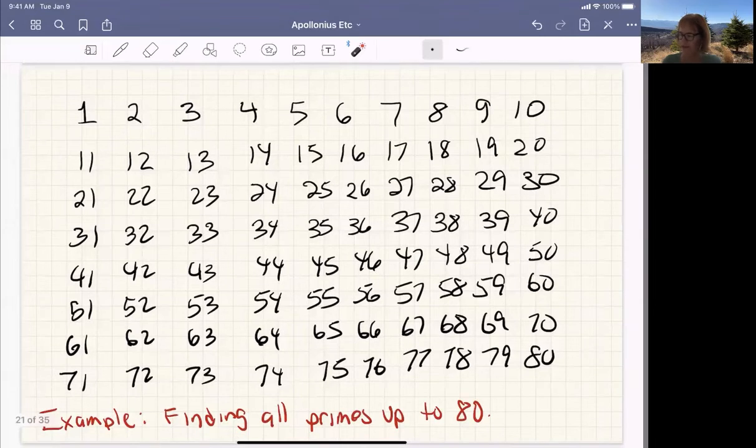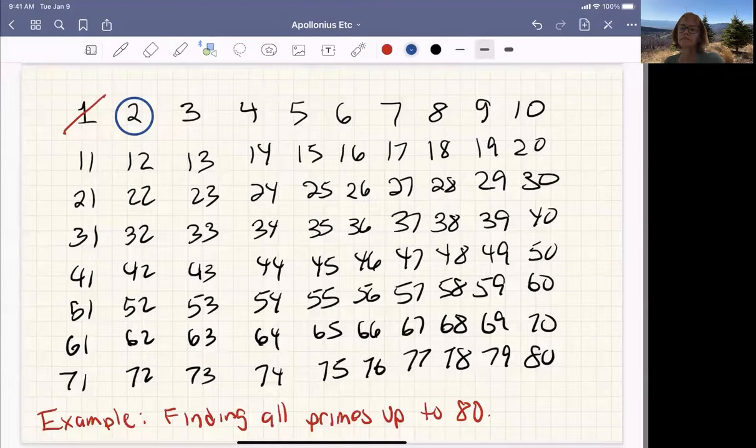Now we're ready to look at an example. We're going to find all primes up to 80. I'm going to begin by crossing off 1. Then I'm going to circle the 2.